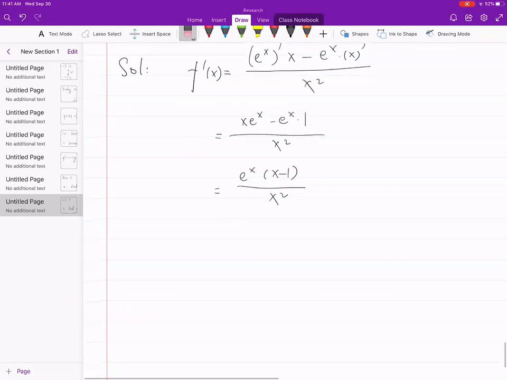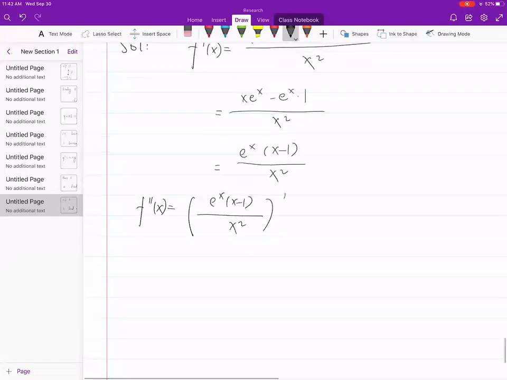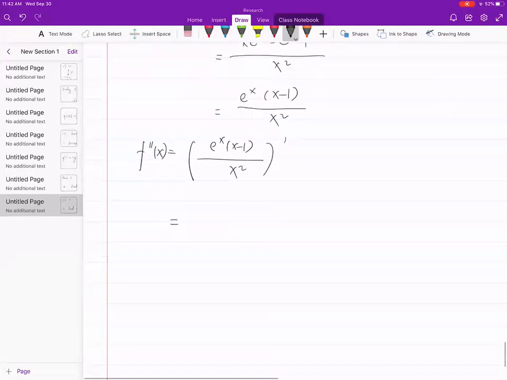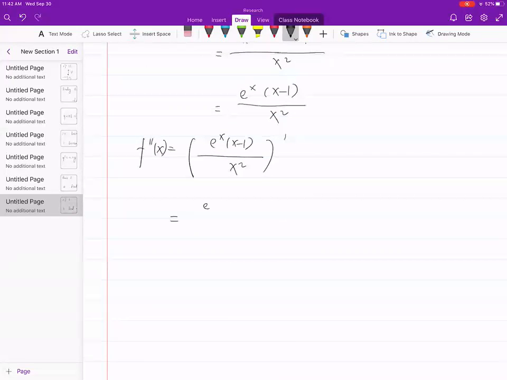Okay, now the second, which is basically the derivative of this again. Now the whole thing on the top is your f.